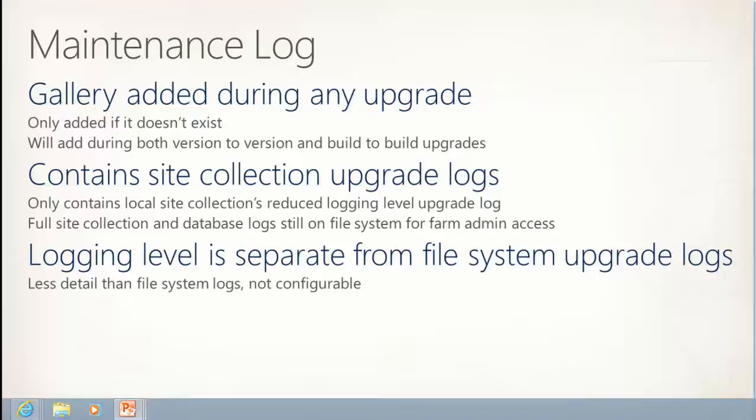We fork each message that comes through and say, hey, is this logging level appropriate to send in the site collection, or is the message that's coming in, should it only go to the file system log? And then we send it to either both or only one of those two locations, i.e. the file system log. And the results are you actually have a self-contained site collection only upgrade log.